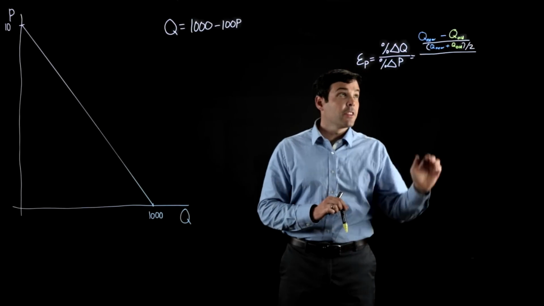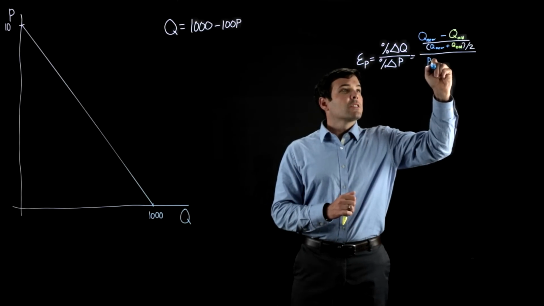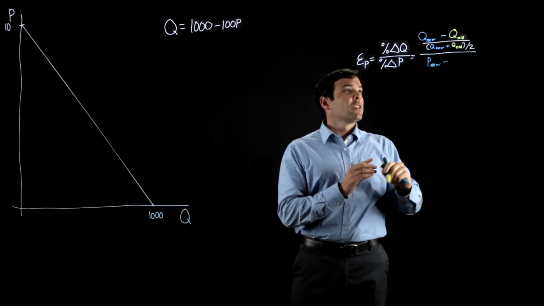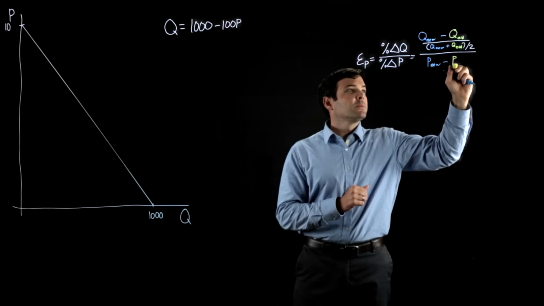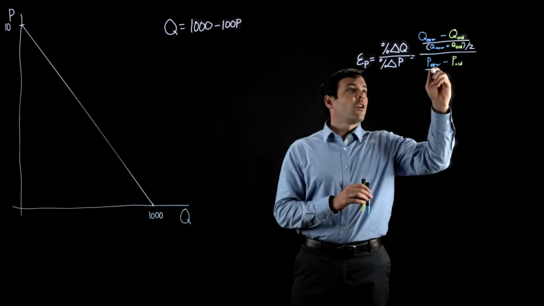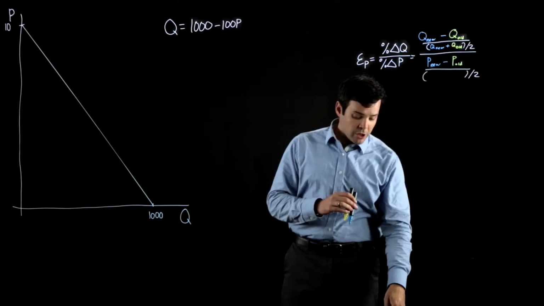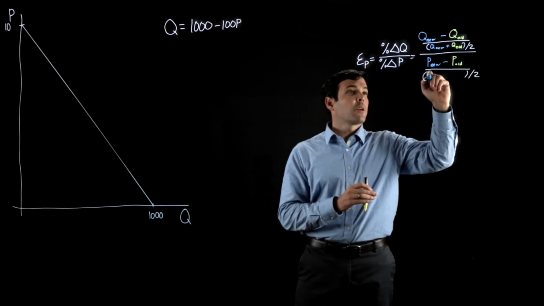And the same thing in the denominator for price, the new price minus the old price all over the average of the old price and the new price.